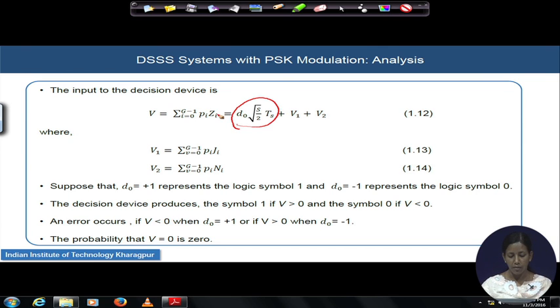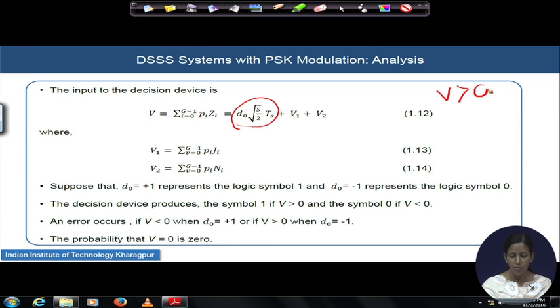Now, remember one thing: suppose that d 0 equal to plus 1 represents the logic symbol 1 and d 0 equal to minus 1 represents the logic symbol 0. Then the way the decision device works is, it will tell that the symbol is equal to 1 if the value of this capital V is greater than 0.